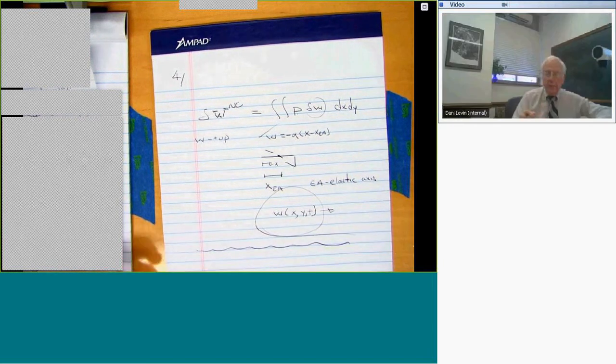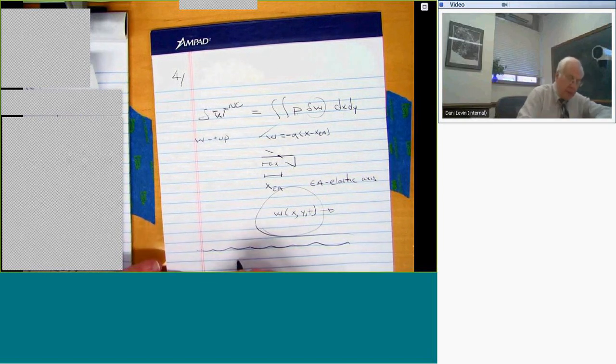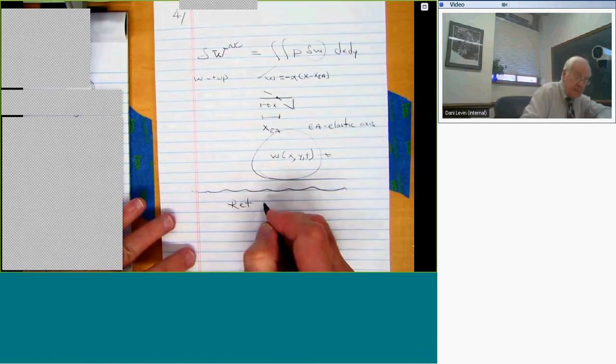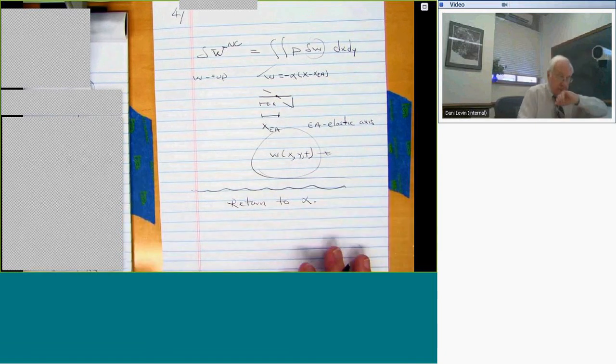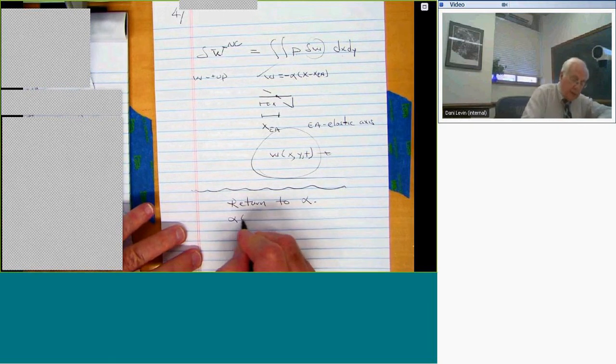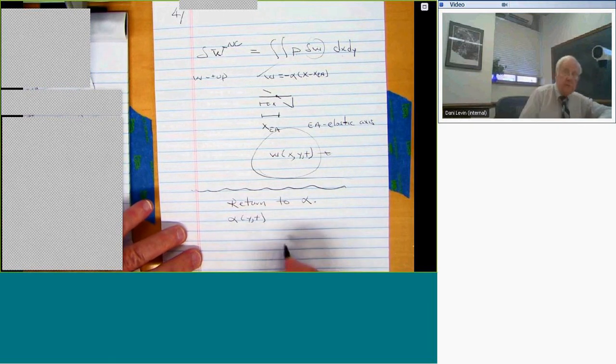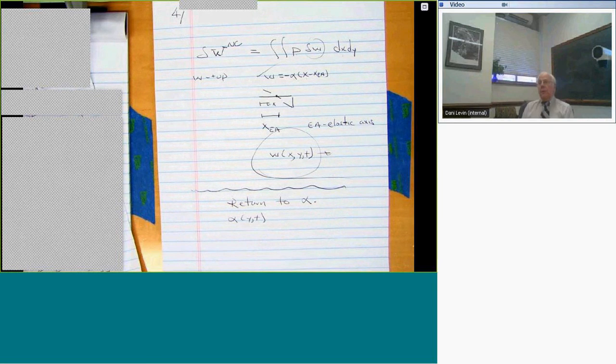So, again, now let me turn to something else. And again, we'll go back to the alpha business now. Return to alpha. Remember, alpha depends on y and t. But I can represent alpha in several different ways. But probably the most useful way is the following.